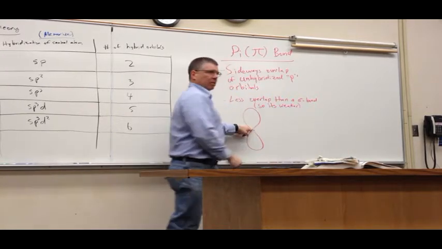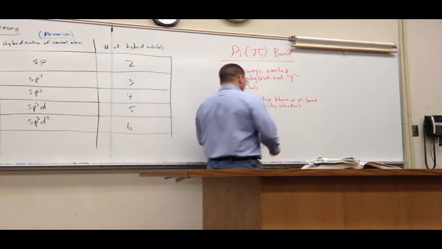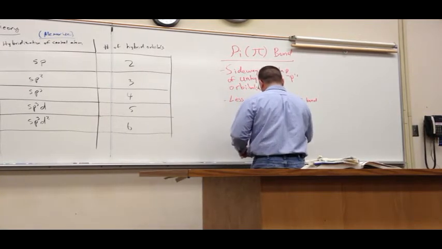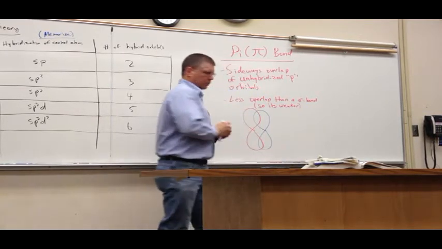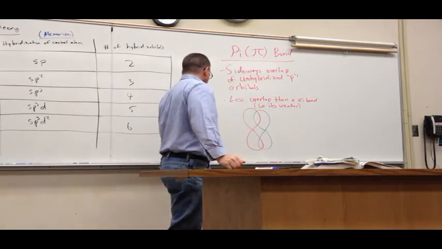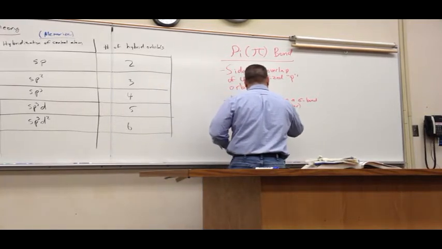So there's the atom right there. There's the nucleus. If you overlap like that, you get a pi bond.